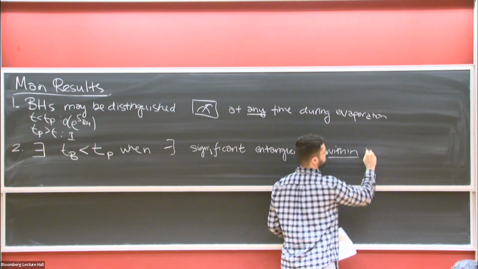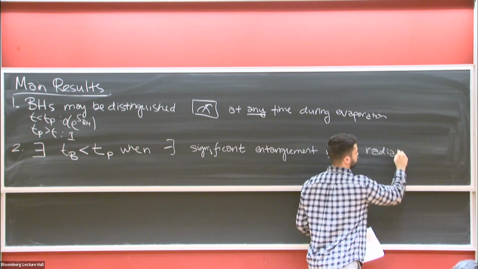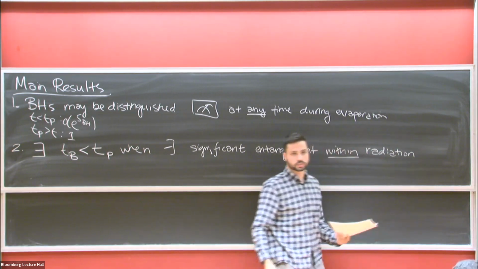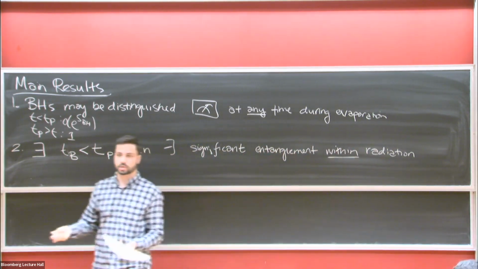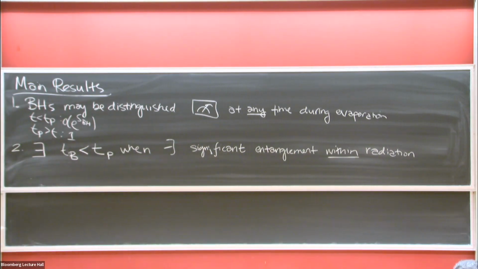So within the radiation. Purely thermal states have no quantum correlations amongst themselves. And we're going to see that there's some time scale over here where there's actually non-trivial quantum correlations.